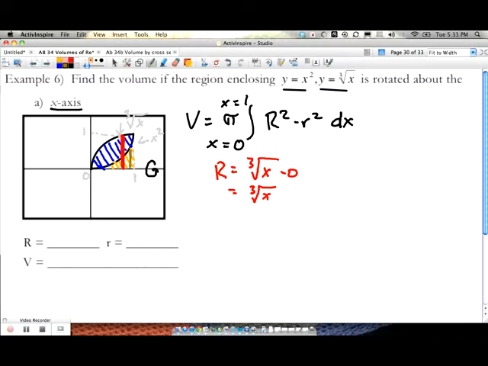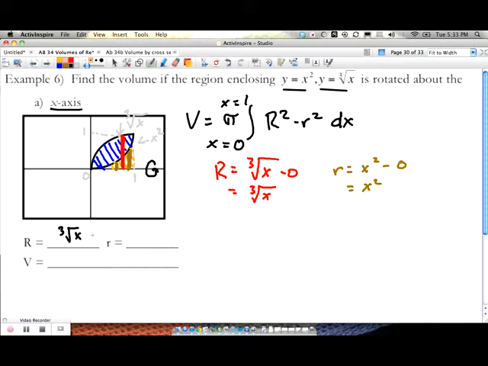For the inner radius, which is from that bottom boundary to that axis of rotation, that little r is going to be x squared, top minus bottom. The bottom is the axis of rotation, which is 0. That would simplify to just x squared.